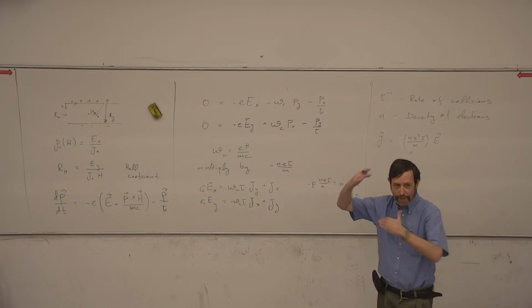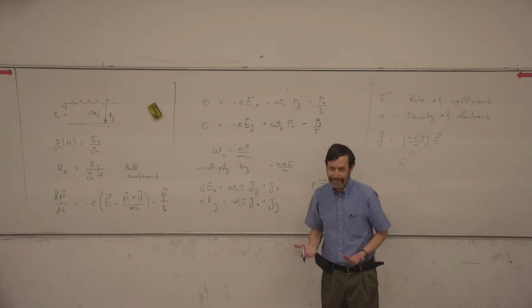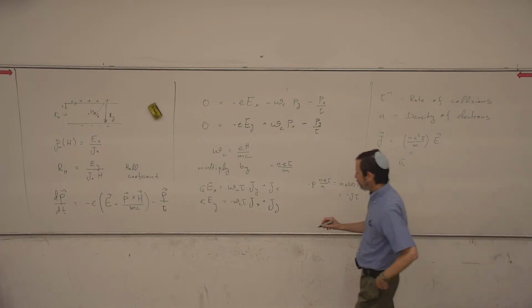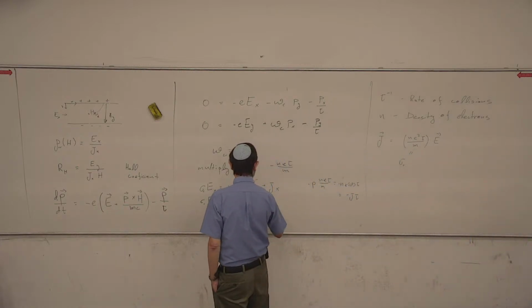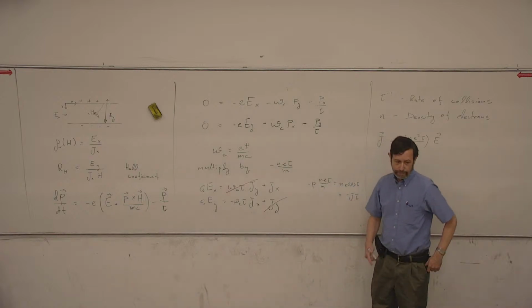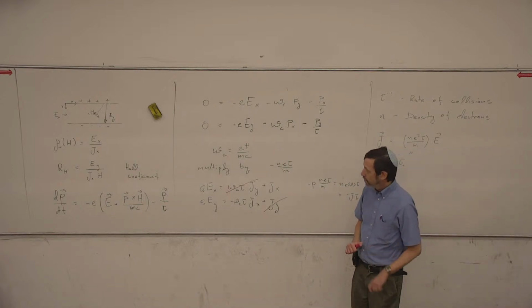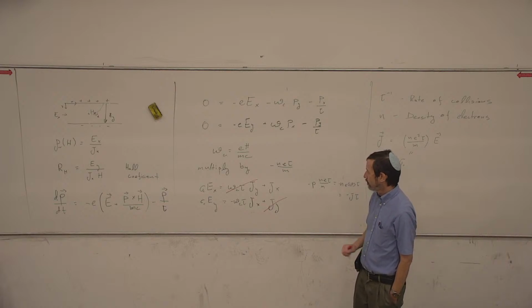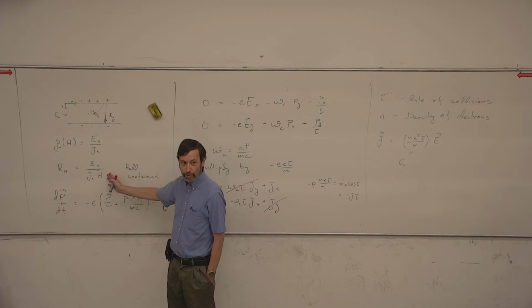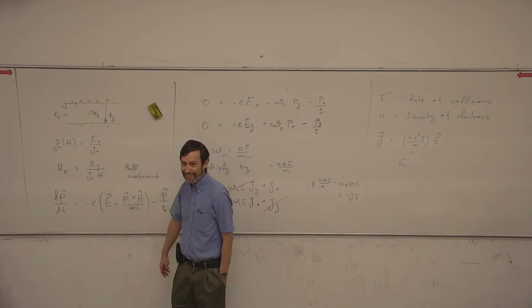Zero, because I have boundaries there. It can't flow out of it. So, okay, now I have all the ingredients to write down the Hall coefficient.